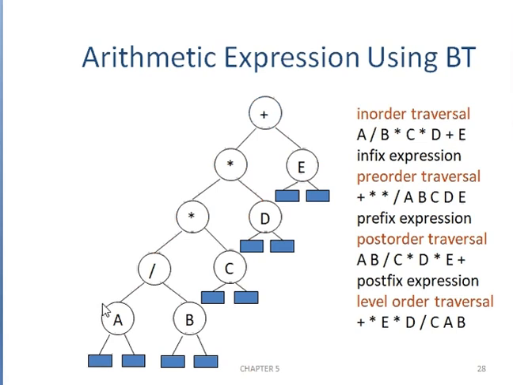Again when it is decomposed, you get A. So A will be the first data, which is correct. Then we go to B, then slash. So A B slash completes this tree. Then we move on to C, then star, then D, then star, then E, then finally plus. So that's how you address postfix.